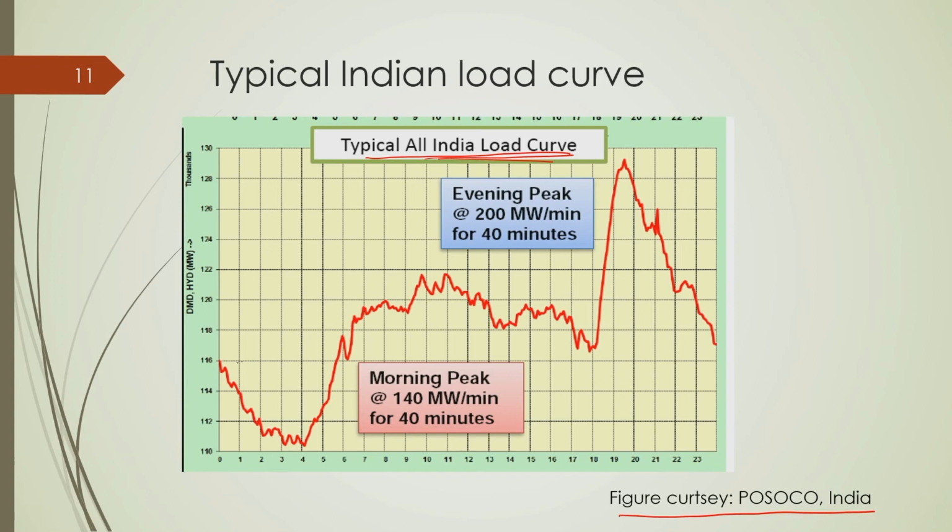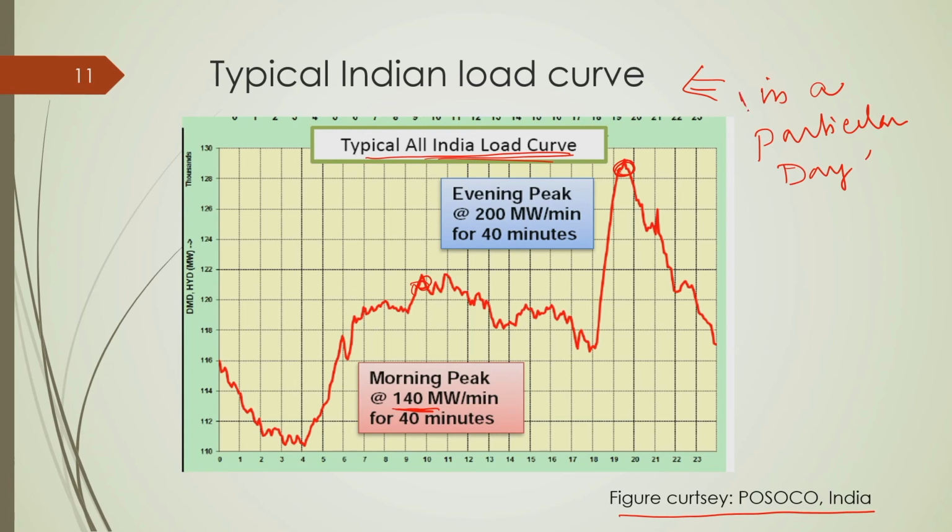You can see in these characteristics we have a morning peak and an evening peak. The morning peak is mentioned as 140 megawatt per minute. This characteristic is a bit older, not up to date; I took this curve several years back just to indicate how a country's load characteristics may look, and this is the load curve on a particular day.